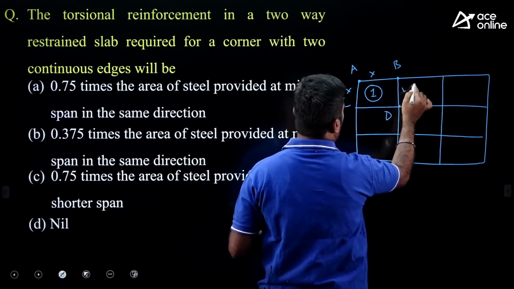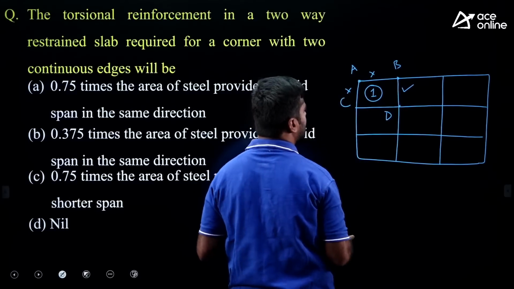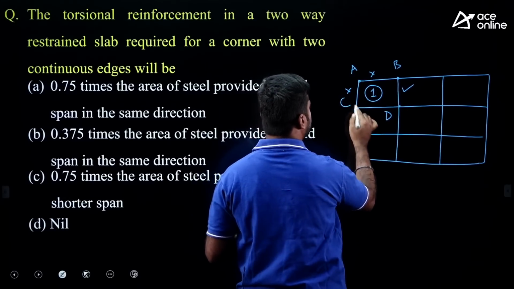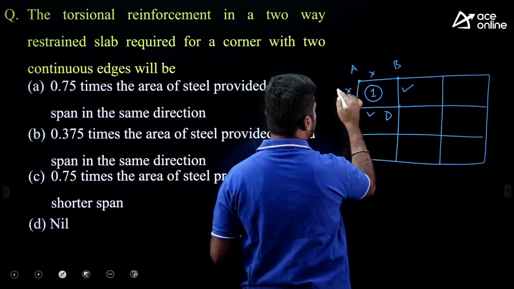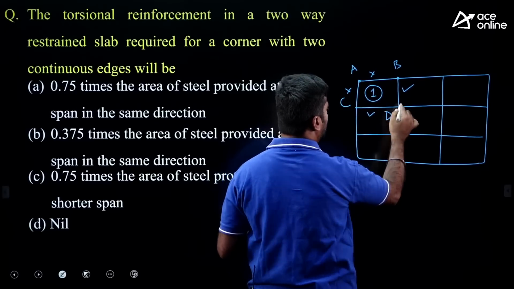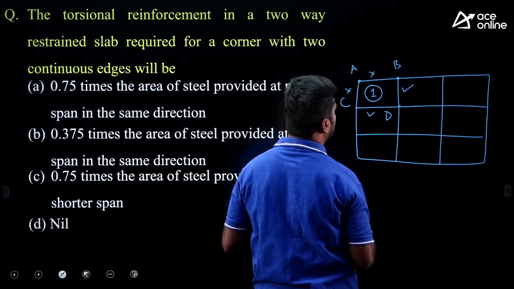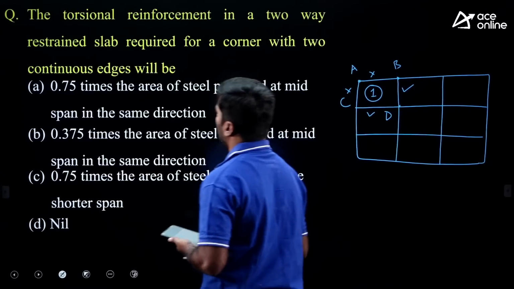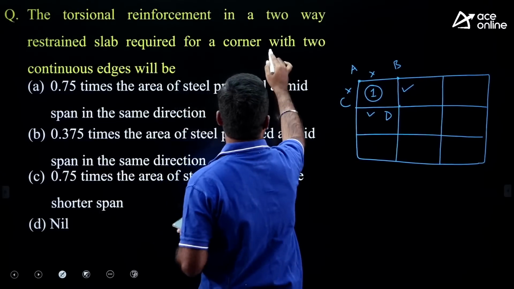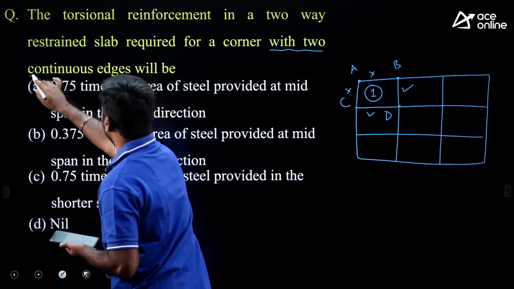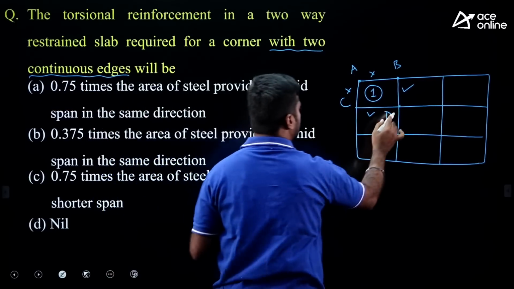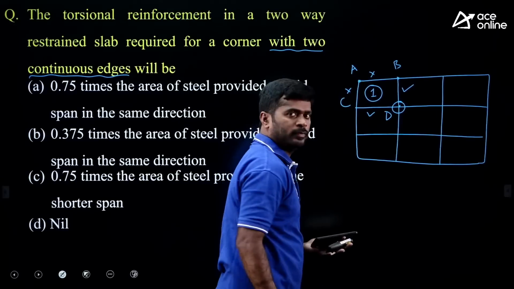At corner B, one edge continuous, another edge discontinuous. At corner C, same as B, one edge discontinuous, another edge continuous. At corner D, both edges are continuous. They have given so clearly with two continuous edges here. They are asking at corner D.